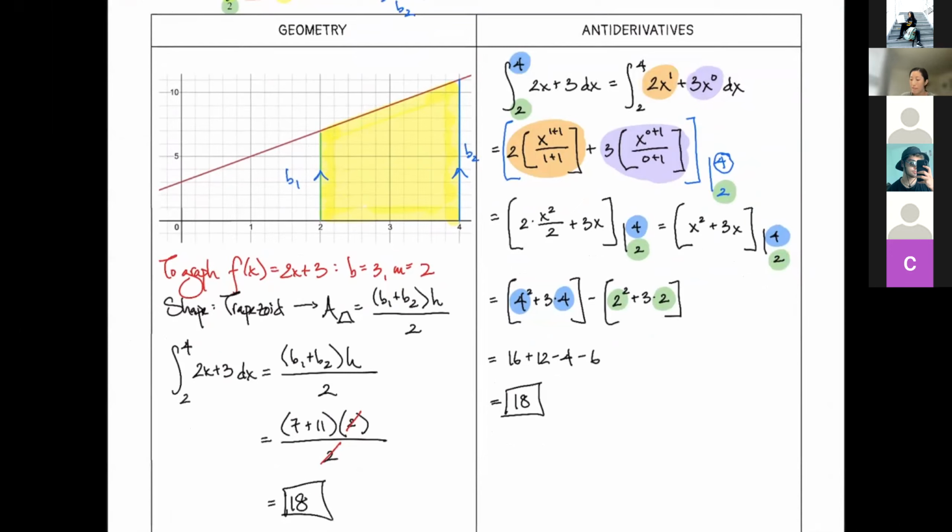Now, this work on the right-hand side, the only thing that was different between this problem and the ones we did last week is that now we have numbers with our integral symbol.